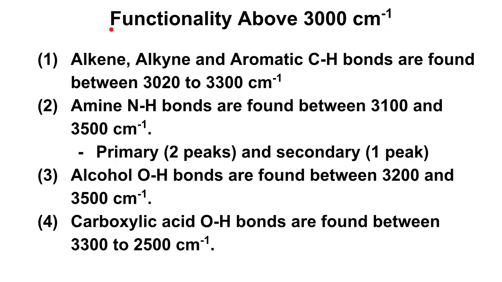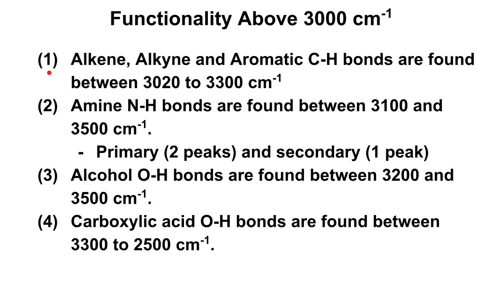So let's take a look at the functionality that is hinted at above the 3000 inverted centimeter region. That's the first big stop where we look. This is normally going to be on the left-hand side of an IR spectrum. There's a couple of things that can be located here.